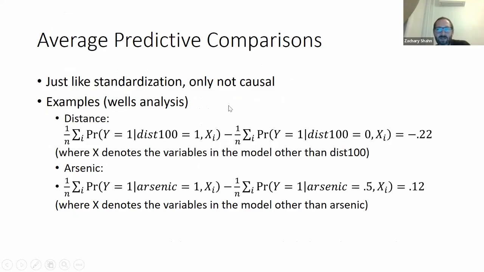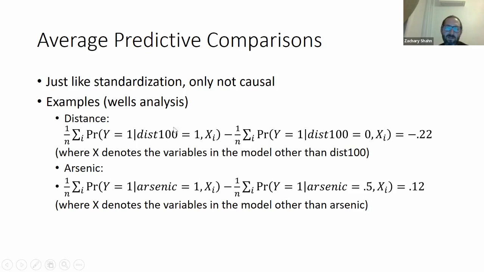Another thing you can do to interpret not coefficients, but just what the model says about the association between a variable and the probability of the outcome, for example distance from the nearest well and whether or not you switch, is you can just take the average over everyone of their probability of switching if you set their distance equal to some value, and then take the difference from if you set it to some other value.